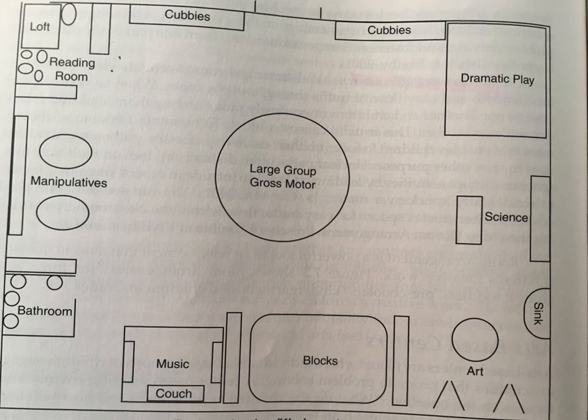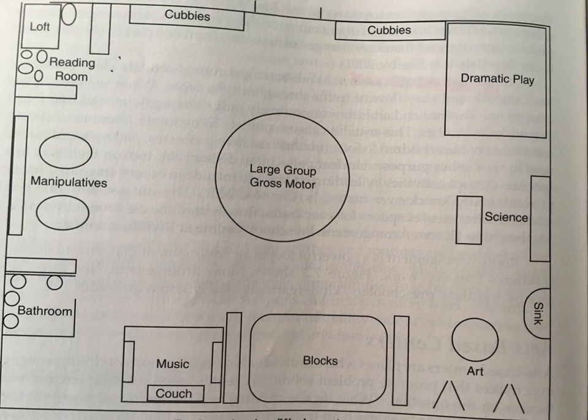Dramatic play in the corner. You have cubbies for them to put their things. You do have that reading room, and I actually do not like that reading room at all because you can see the bookcases that are blocking. So you cannot see the kiddos unless someone is actually rotating around the room, which you should be, but that's not always going to happen.